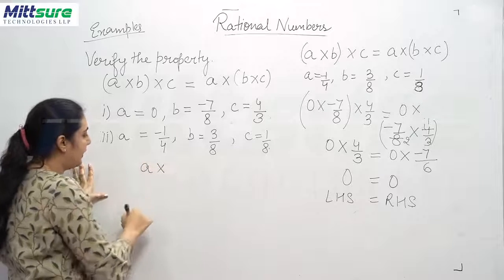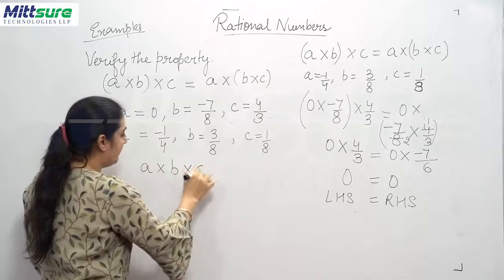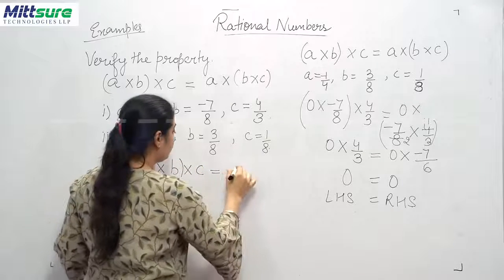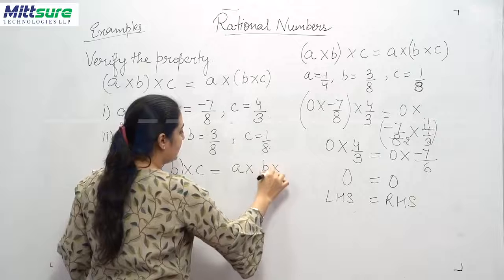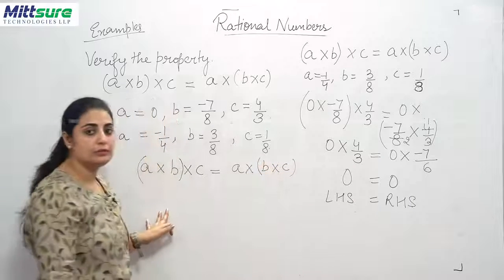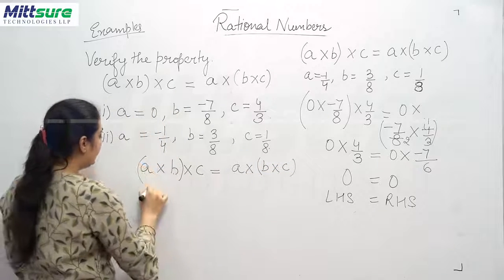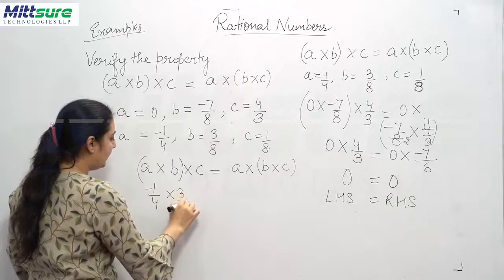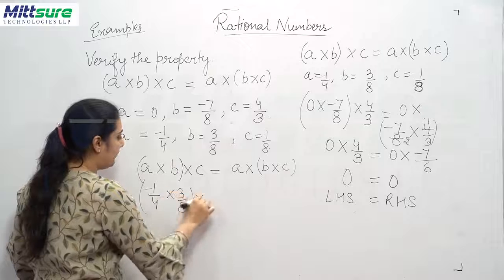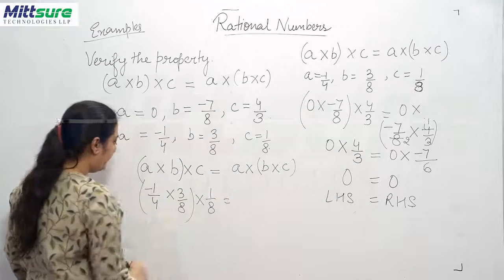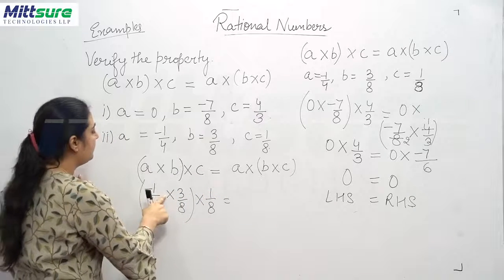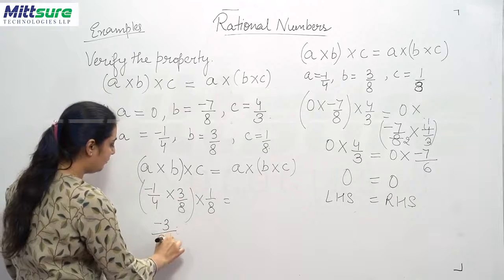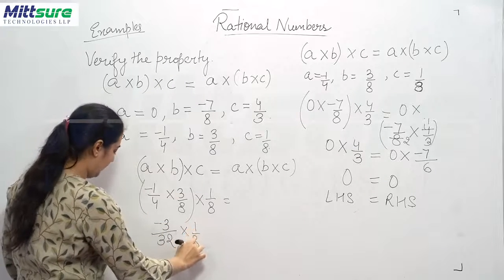A multiplied by B multiplied by C, A and B grouped together, equals A multiplied by B into C, but B and C grouped together. So let's put the value minus 1 upon 4 multiplied by 3 upon 8 multiplied by 1 upon 8. Now let's solve. Minus 1 into 3 is minus 3, 4 into 8 is 32, multiplied by 1 upon 8.